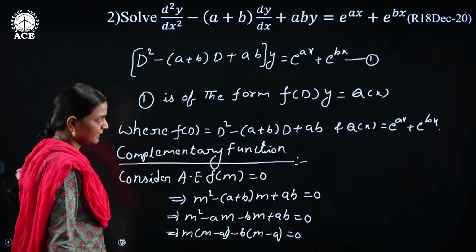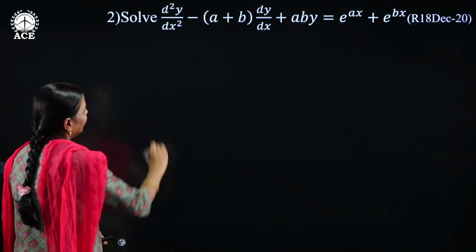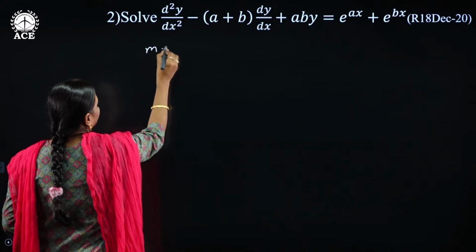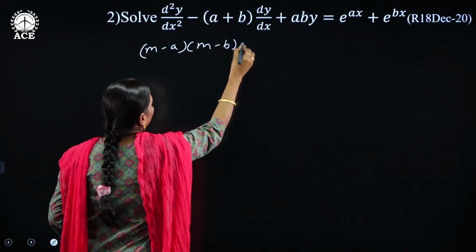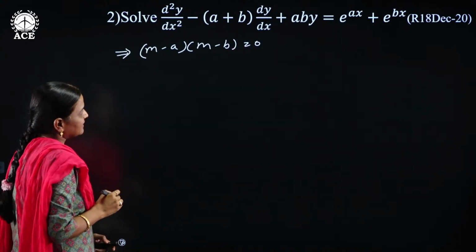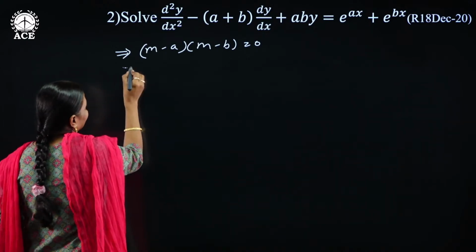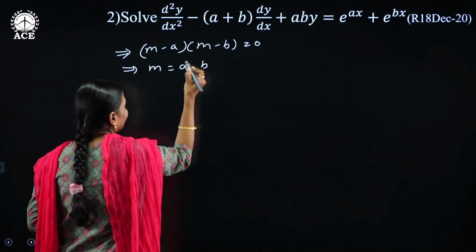Yes, what are the factors here? Factors are m minus a into m minus b is equal to 0. So here what are the roots? From these two factors, roots are m is equal to a comma b.